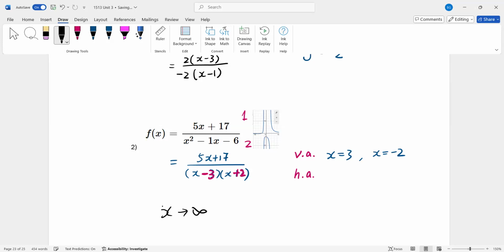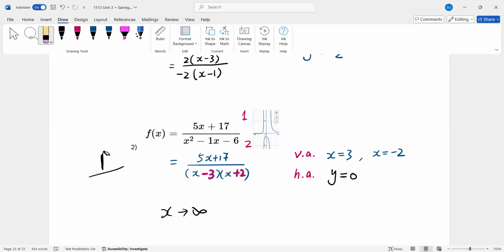So we can see the numerator doesn't move and the denominator moves. With the numerator staying the same and the denominator running to infinity, of course the whole quotient runs to 0. For that reason, the horizontal asymptote is y equals 0.